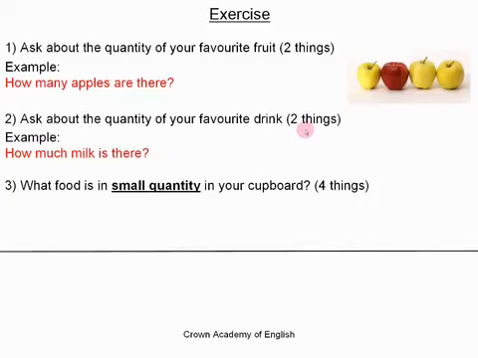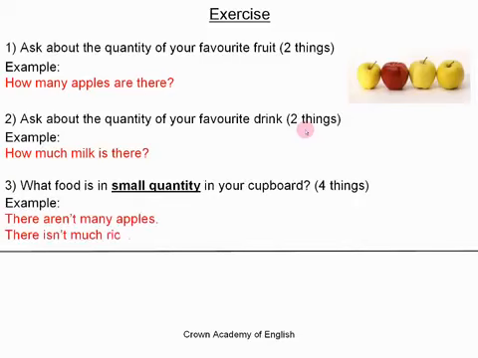So my example would be, there aren't many apples and there isn't much rice. So those are 2 examples of mine, and I will want you to give me 4.